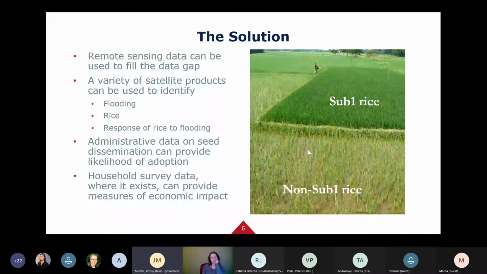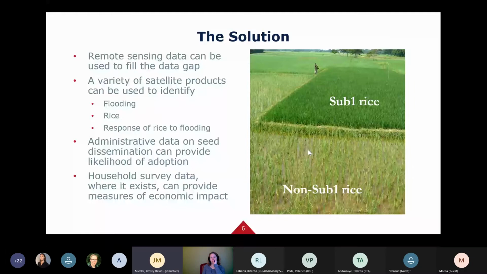And so that allows us, at least hypothetically, to view rice growing in South Asia from space and distinguish between submergence-tolerant varieties and non-submergence-tolerant varieties. We wouldn't be able to tell the difference between STRV-A and STRV-B, but we could tell the difference between rice varieties that can stand being flooded and those that cannot.